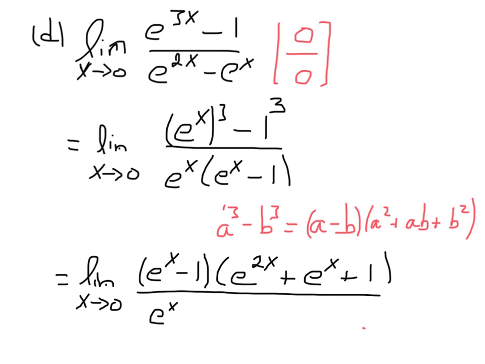Maybe I'll rewrite that as e to the x minus 1 times e to the x, in the opposite order.